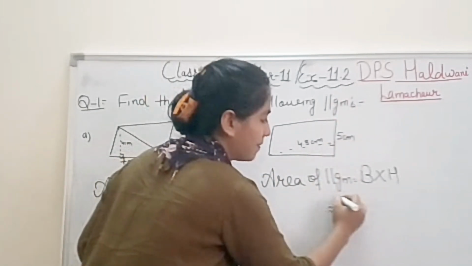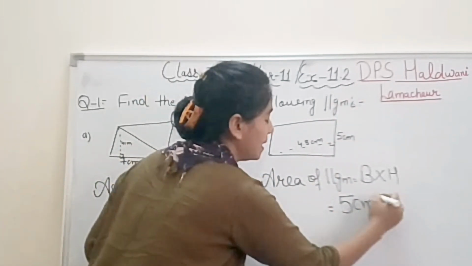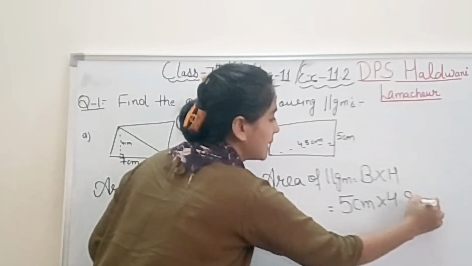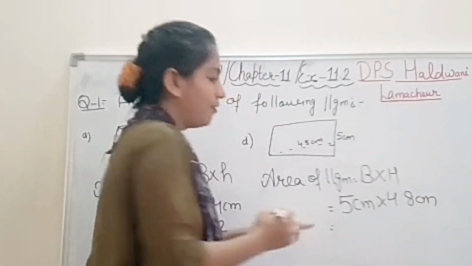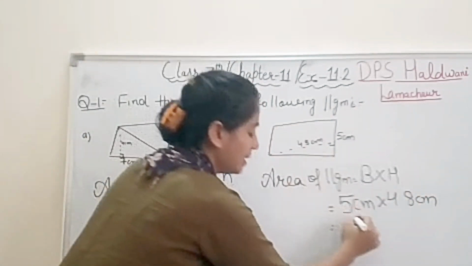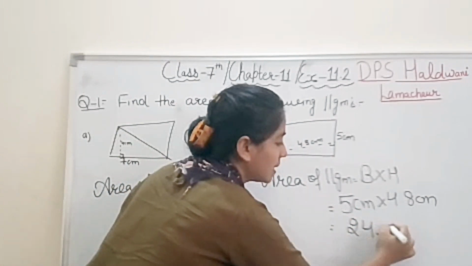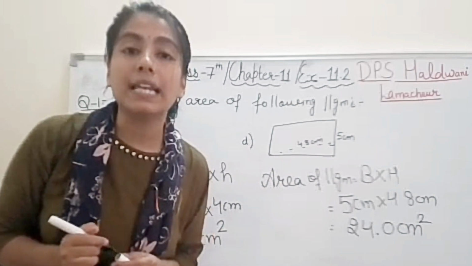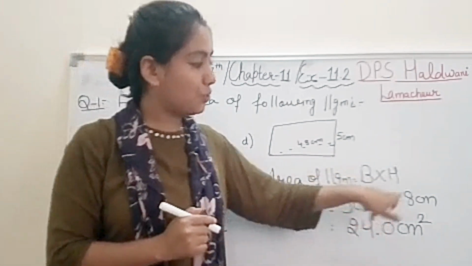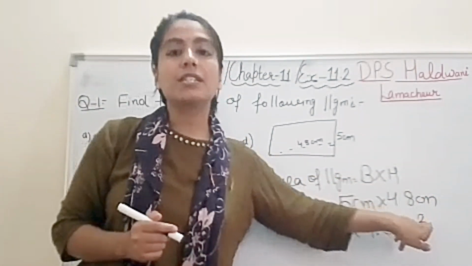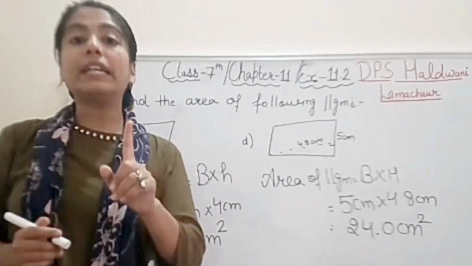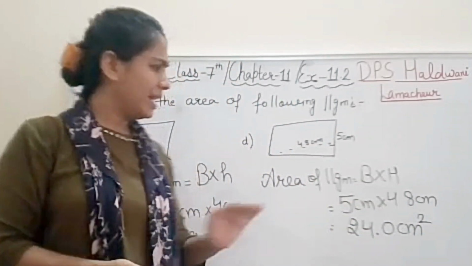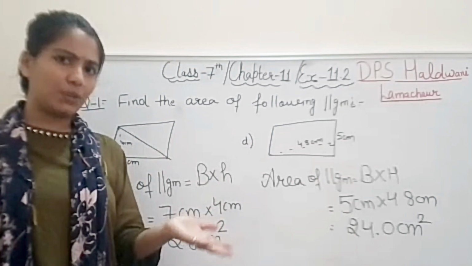This is the base, 5 centimeter, and the height is 4.8 centimeter. So 5 into 4.8 is 24.0 centimeter square. Because it is area, see, centimeter into centimeter is centimeter square. So write down the correct unit. Right, students? Very simple. It is just a calculation.